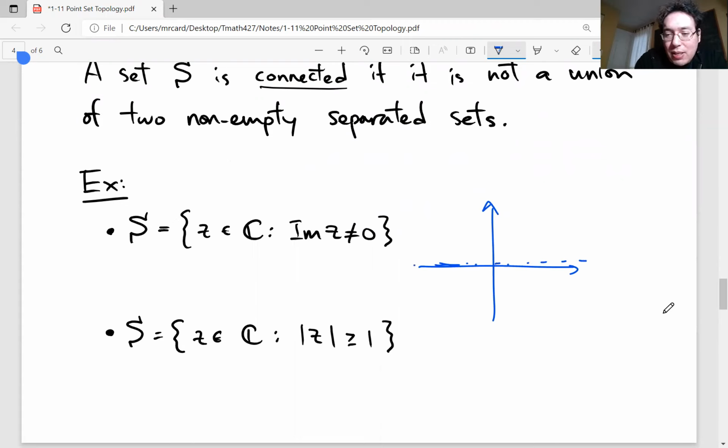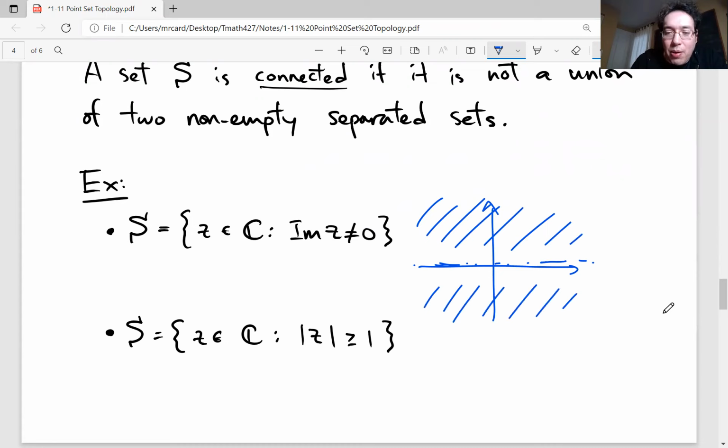So that's the real axis. So the top and below the real axis is part of the set. These are separated because the open sets, upper half plane and lower half plane, separate these two parts.